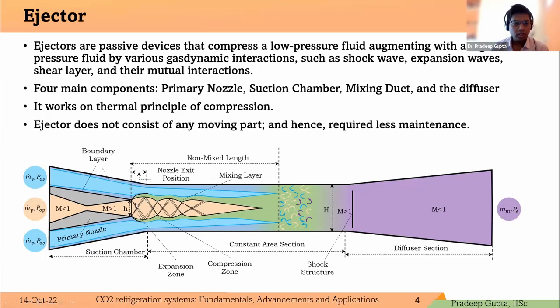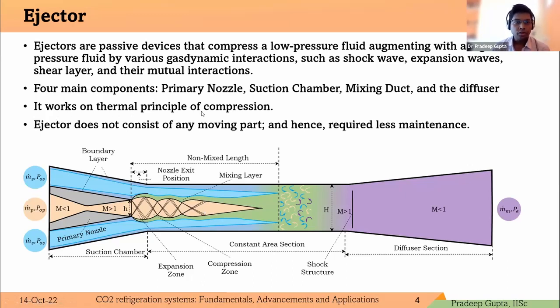In this case, the schematic shows that the nozzle operates in the under-expanded condition. That's why we can see the primary flow expands further even after exiting the nozzle, and that allows the secondary flow to accelerate in this region. We'll see these flow structures in detail in the following slides.